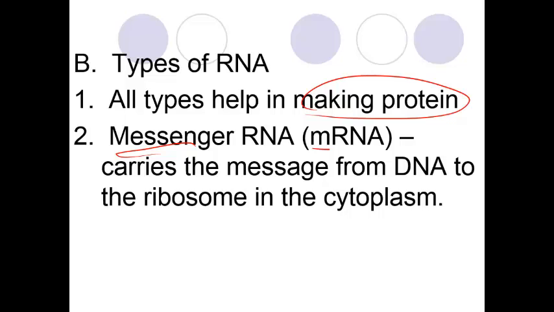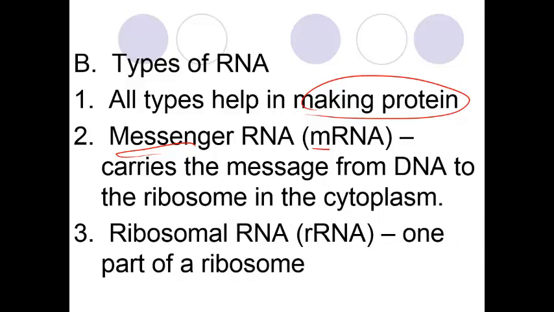We also have ribosomal RNA, so that one's going to be abbreviated with the rRNA, and it's just part of the ribosome. So whenever you see a ribosome in a picture and it's labeled a ribosome, part of what makes a ribosome is this ribosomal RNA. So you're not going to see a special structure for it when we say ribosome.